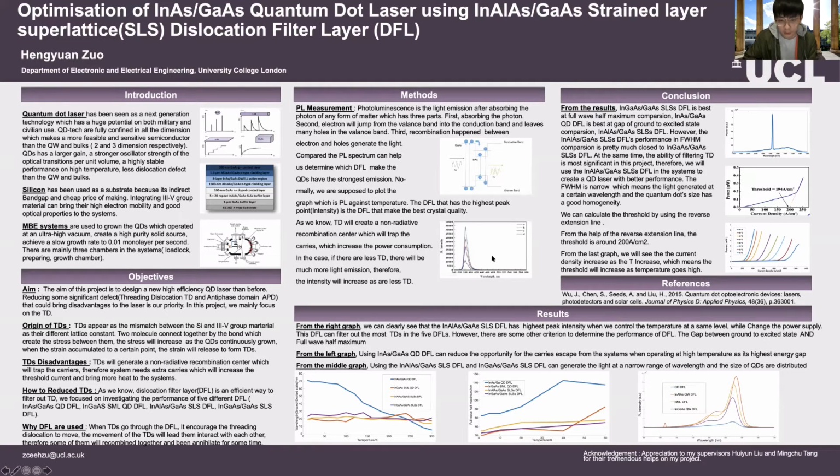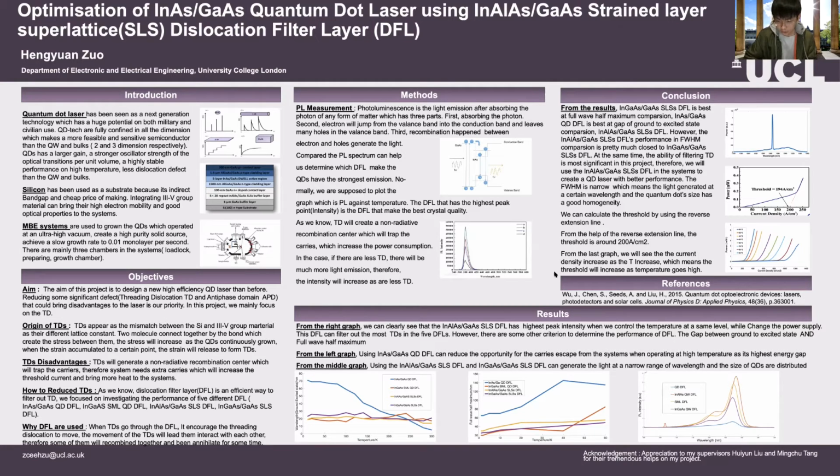The DFL that has the highest peak intensity is the DFL that gives the best crystal quality. As we know, TD will create a non-radiative recombination center, which will trap the carriers and increase the power consumption. So if there is less TD, there will be much more light emission. Therefore, the intensity will increase as there are fewer TDs.